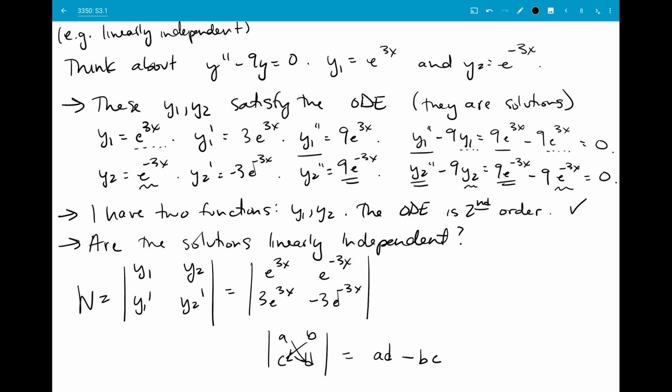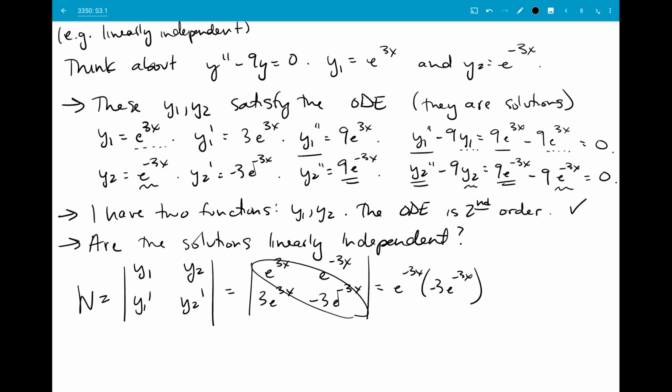If your W is bigger than that, the determinant is harder to take, but we'll cross that bridge later. So for us, it's going to be this product: e to the 3x times minus 3 e to the minus 3x, minus this product, e to the minus 3x times 3 e to the 3x.